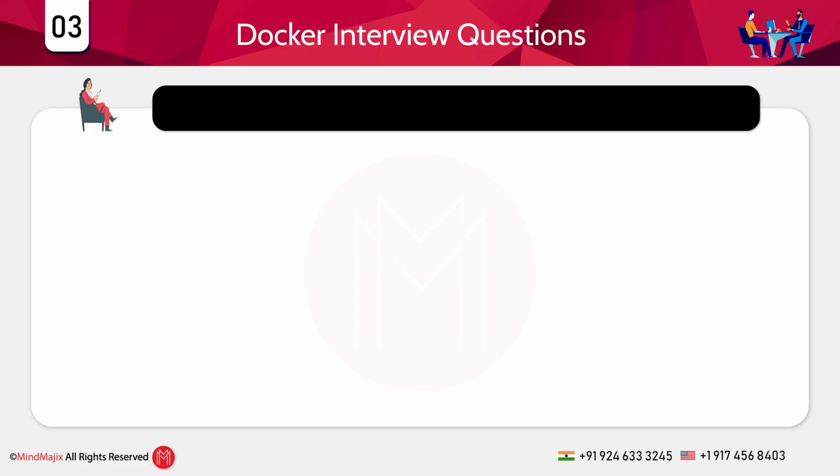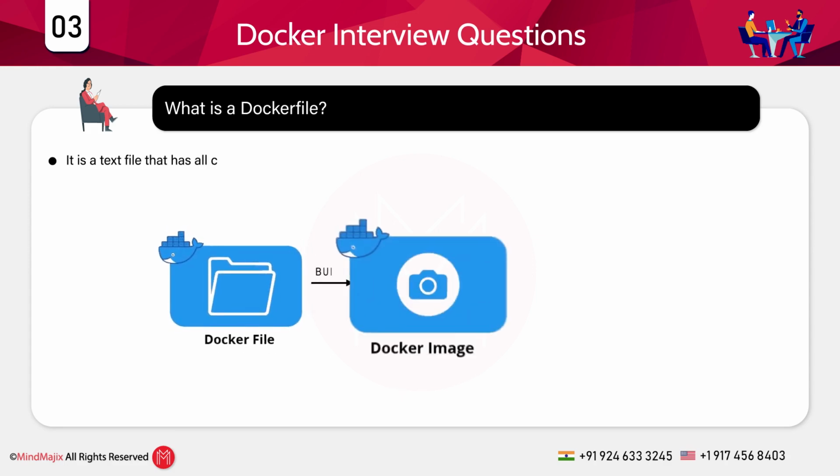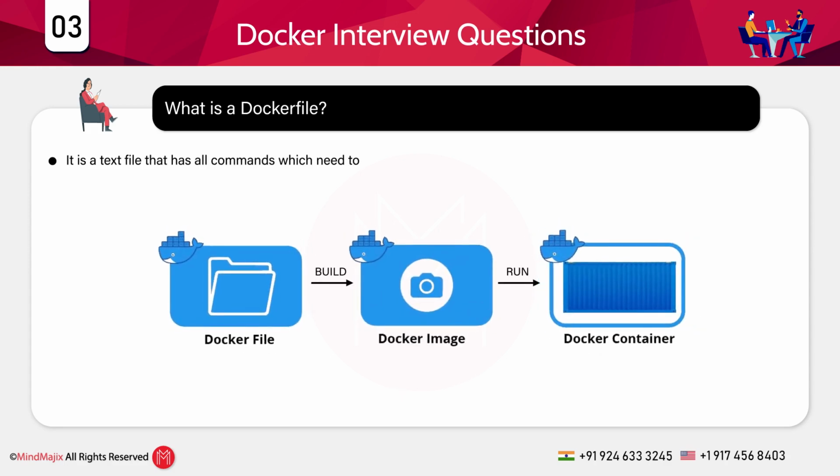The third question, what is a Dockerfile? It is a text file that has all the commands which need to be run for building a given image. I have already taught you how a Dockerfile is created and the process of creating an image from it.